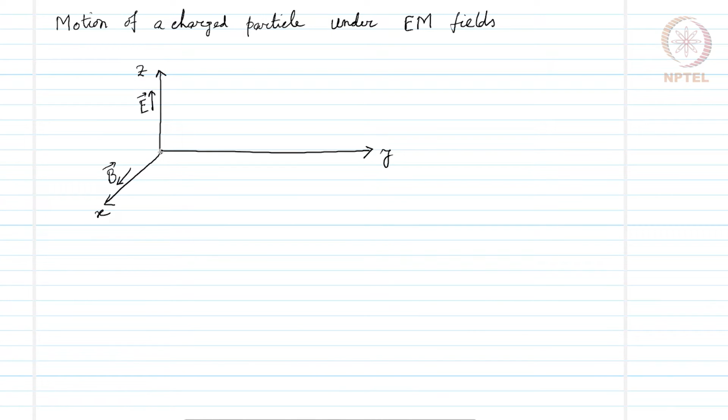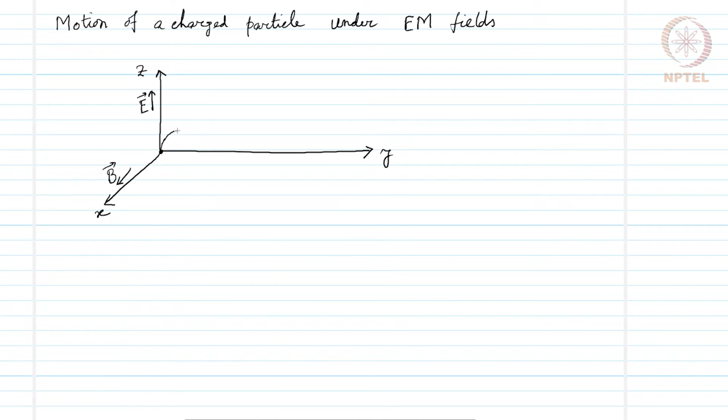So, initially the particle moves along this direction, and when it moves along that direction, that is the z direction, then we get a magnetic force applicable on it. The direction of the magnetic force would be z cross x. So, that is the y direction, and that bends the particle like this.